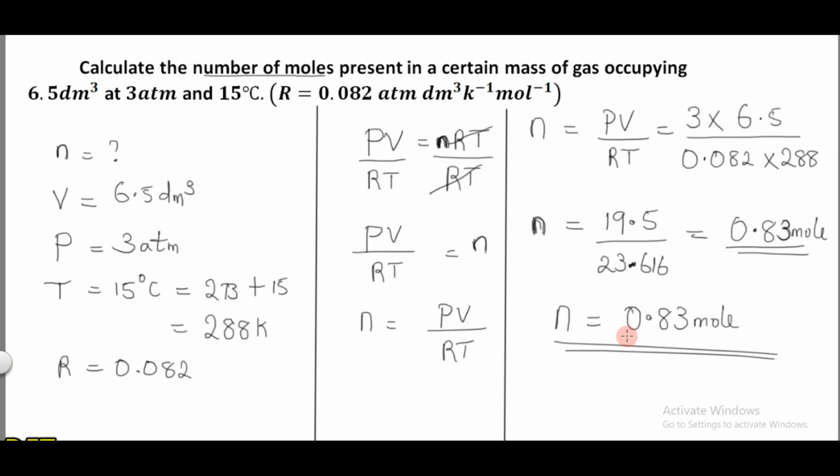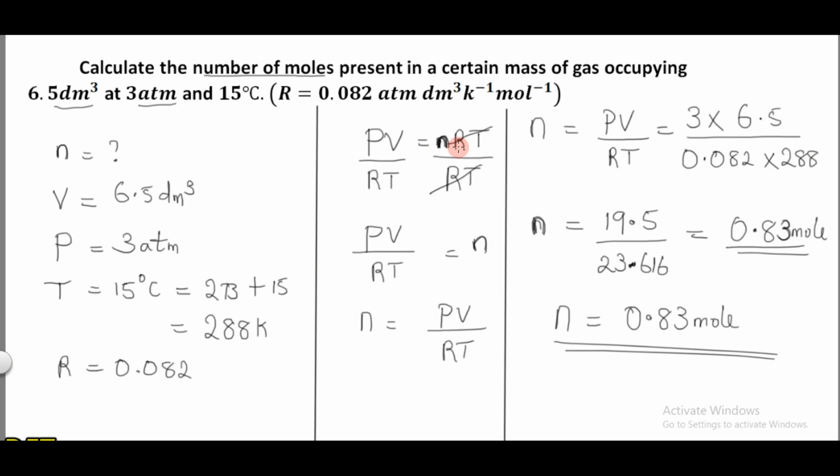So the important thing that you should know here is for you to know the equation for an ideal gas. The equation for an ideal gas is PV is equal to nRT. You must always remember that. And know that your P is pressure, which is measured in atm. Your V is volume, which is measured in dm3. Your n is the number of moles.